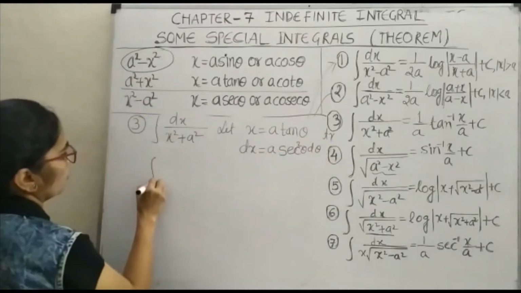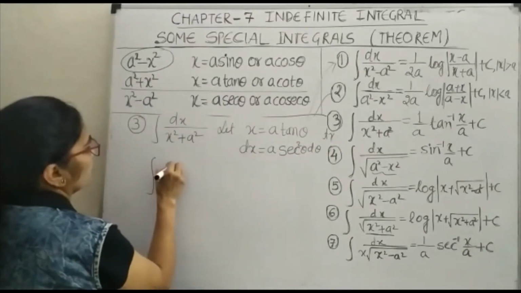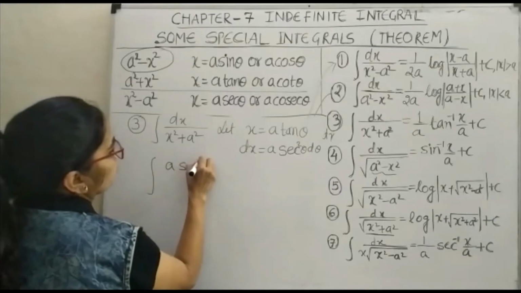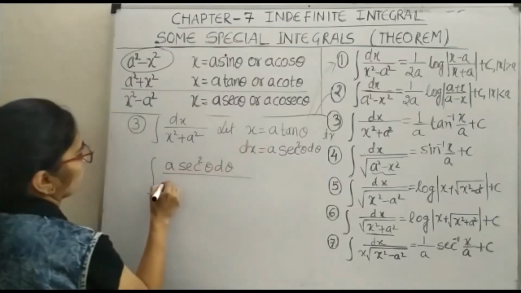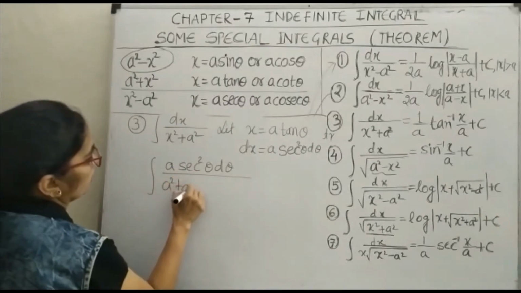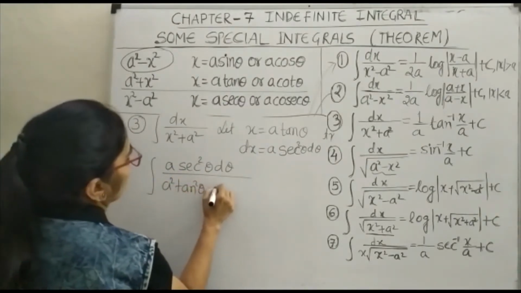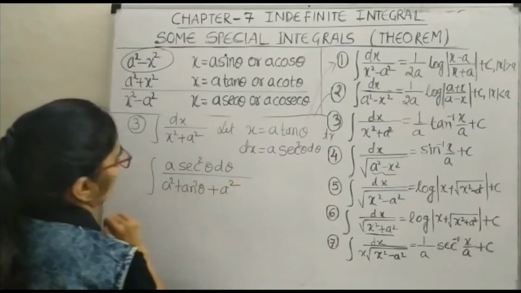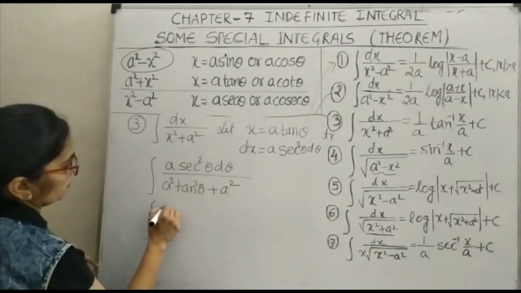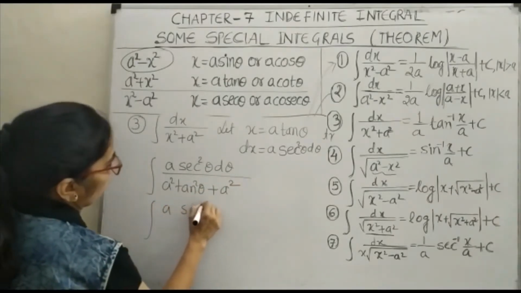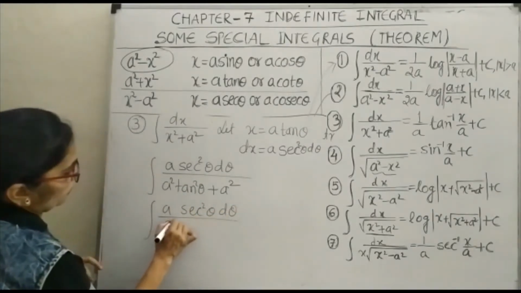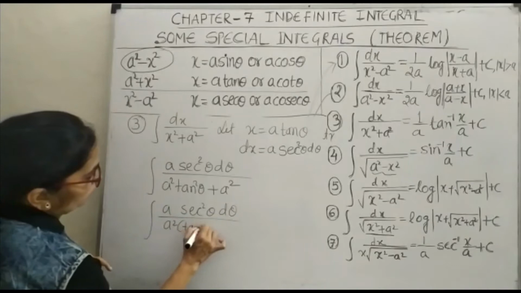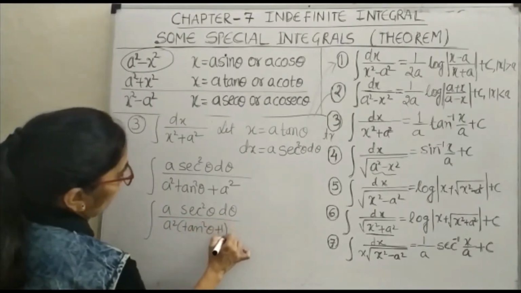So instead of dx you write a sec square theta d theta upon, instead of x, a square tan square theta plus a square. So this becomes a sec square theta d theta upon a square tan square theta plus 1.